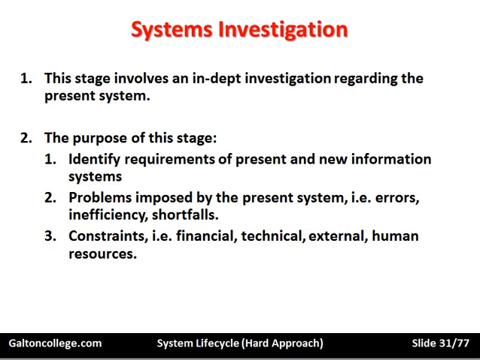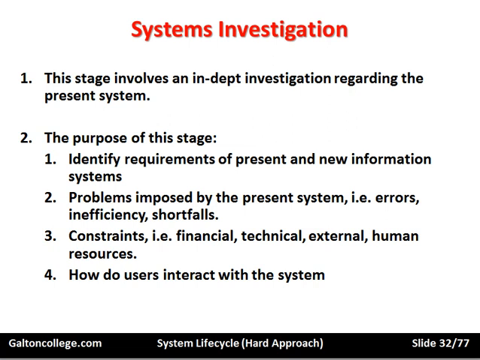And what are the human resources? Perhaps a new system will require significant amounts of training. Perhaps a new system may be somewhat more complex and more difficult to manage and to use. So what are the constraints in the existing system, and look at what would happen if the new system was put in place.